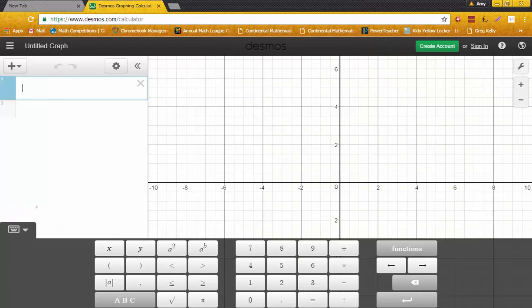Ted's going to help us out here. So let's type in, what is our equation? X squared minus x times y, you have to use the times, plus y squared equals 9.